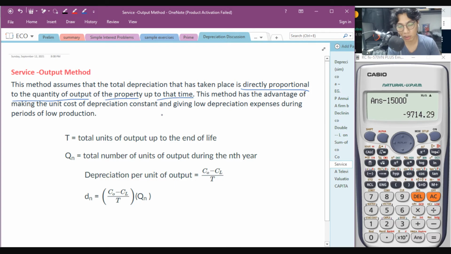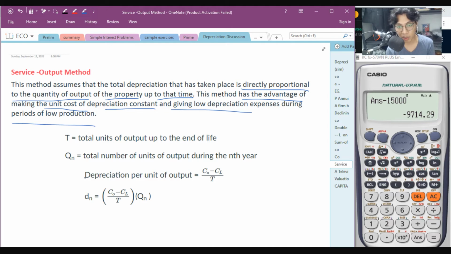So it depends on the output ng property na meron ka. And this method has the advantage of making the unit cost of depreciation constant and giving low depreciation expenses during the periods of low production. So ito, depende yan sa magiging service and then output ng iyong establishment.